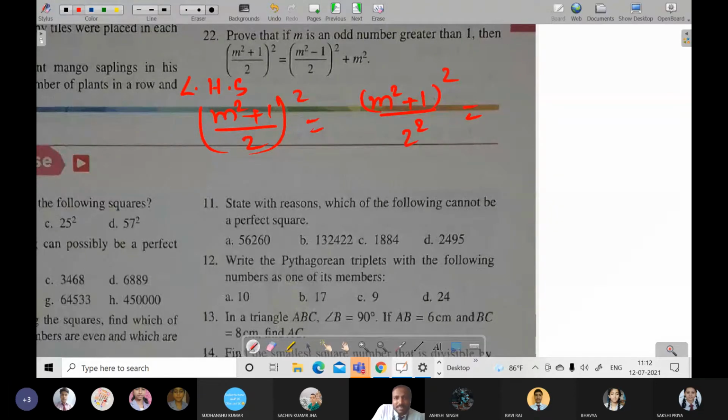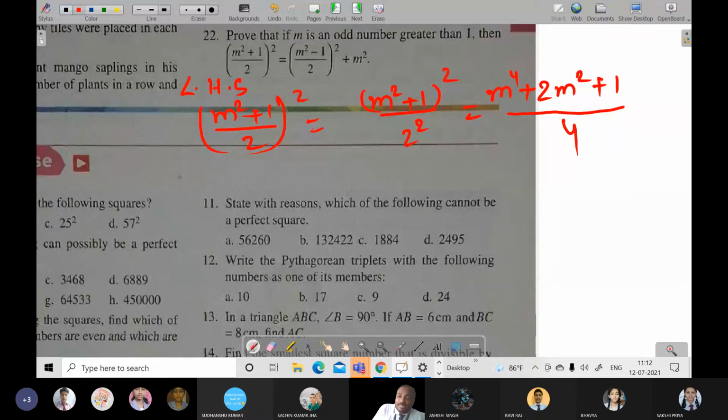Here we apply (a plus b) whole square: m square whole square is m raised to the power 4, plus 2ab, so 2 into m square into 1, which becomes 2m square, and then plus 1 square is 1 only, all by 4. This we get by solving LHS. Further we cannot add and subtract over here.